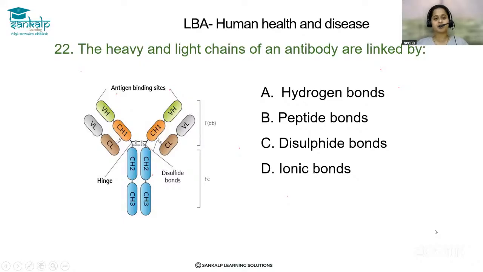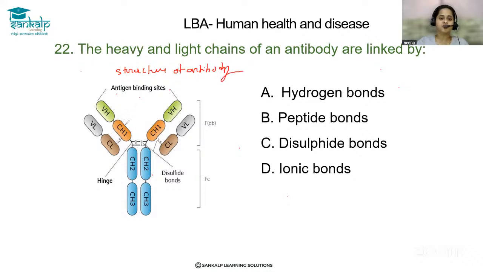Let's solve question 22. The heavy and light chains of an antibody are linked by. Dear student, this is the structure of an antibody, a general structure.